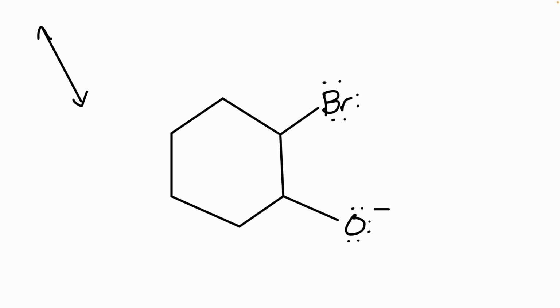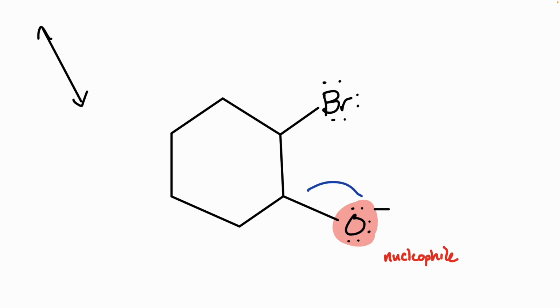Where's my ton of electron density? Negative charge. The oxygen, right? So my oxygen here with a ton of negative charge is going to be playing the role of my nucleophile. So where's my electrophilic site in this molecule? Right, so not the carbon bonded to the oxygen.